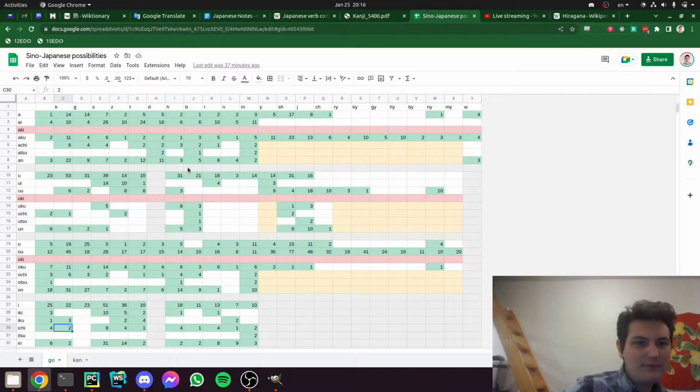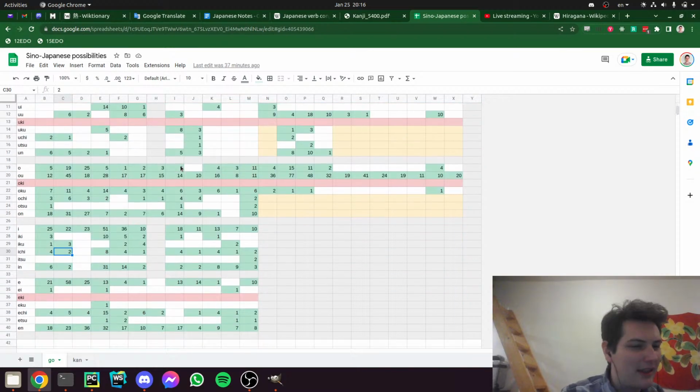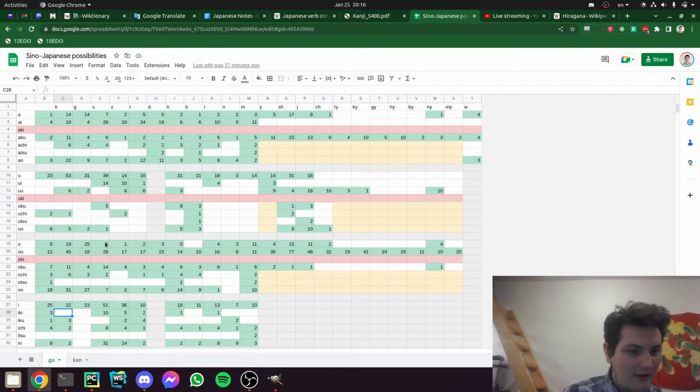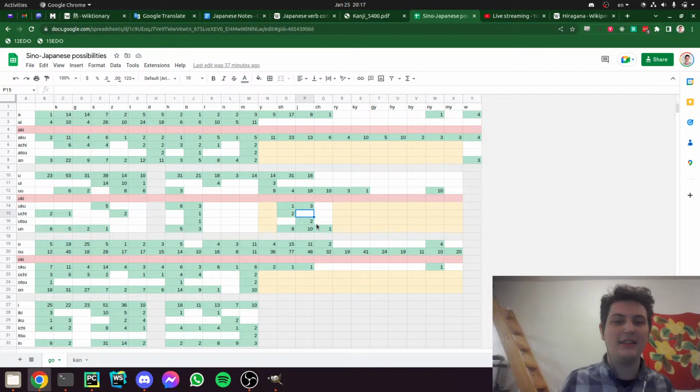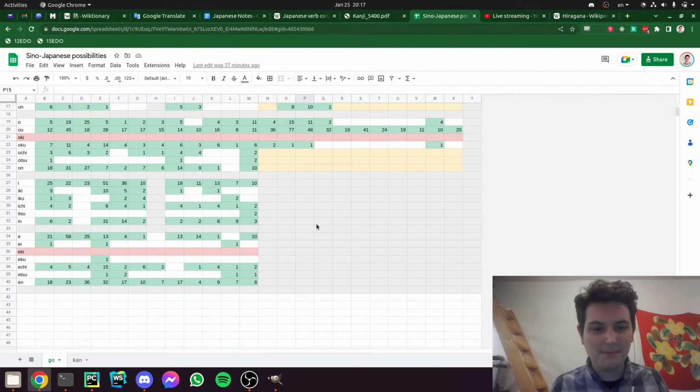Is it really, should we think of it as impossible for an on'yomi reading to be kiki, or ratsu, or juchi? I mean, there are no characters with these readings, but should we call them impossible, or should we just say, hey, there's only so many characters, coincidentally, they didn't happen.